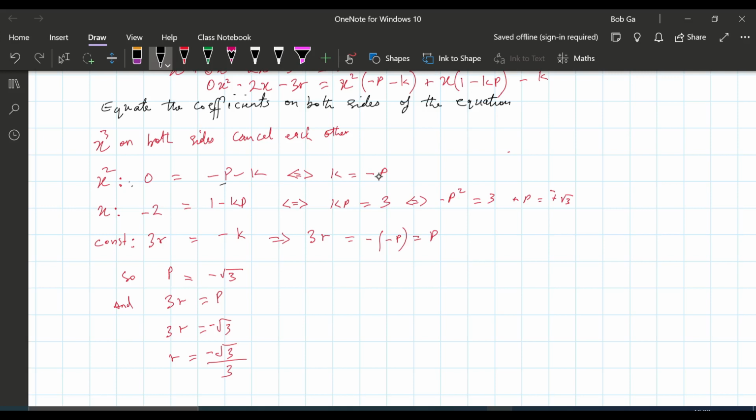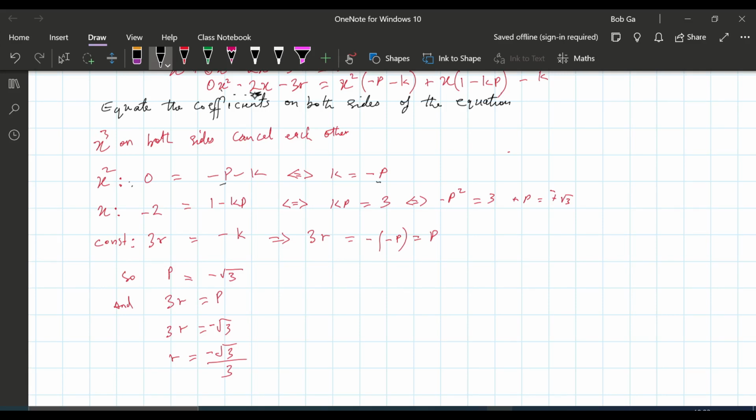So that's how I got negative p there. So we're here, we have negative k is equal to negative p, and then the coefficient of x, remember we finished with the coefficient of x squared. The coefficient of x on the left hand side is 2.